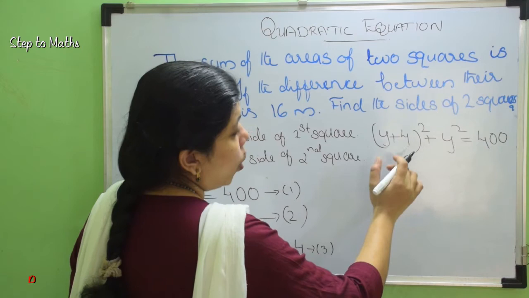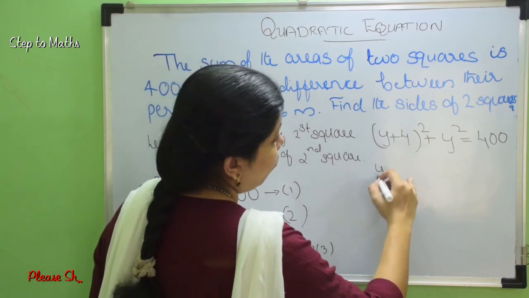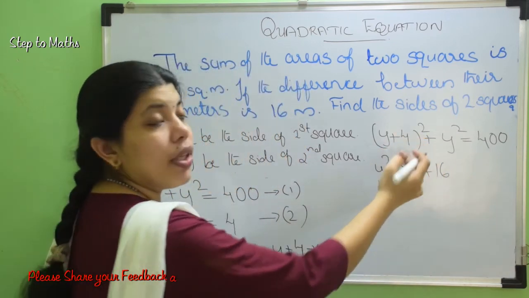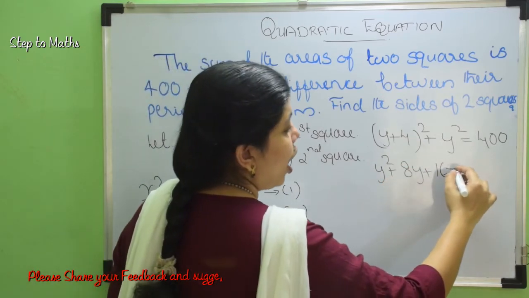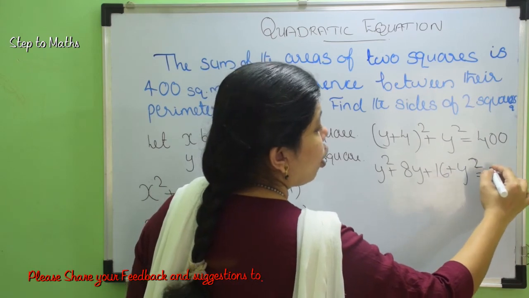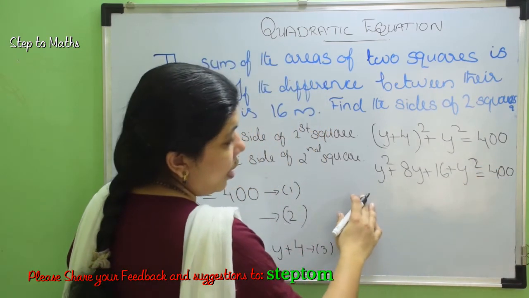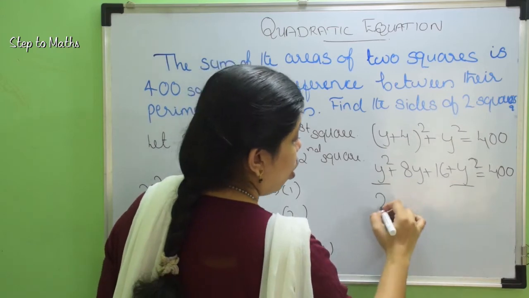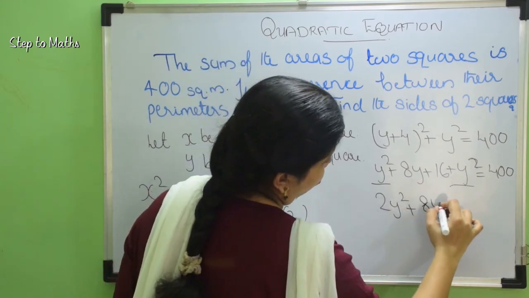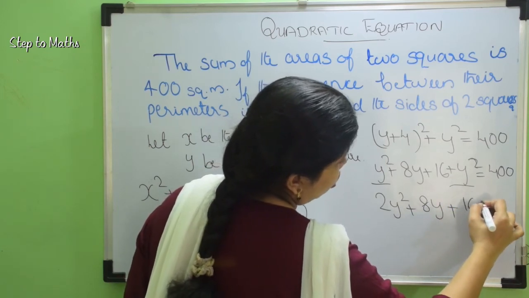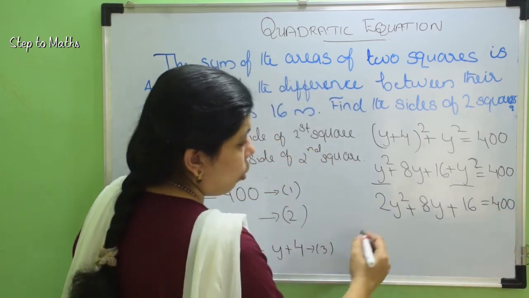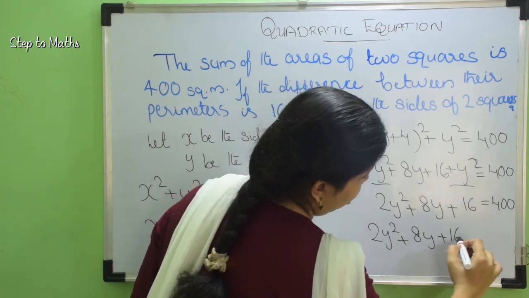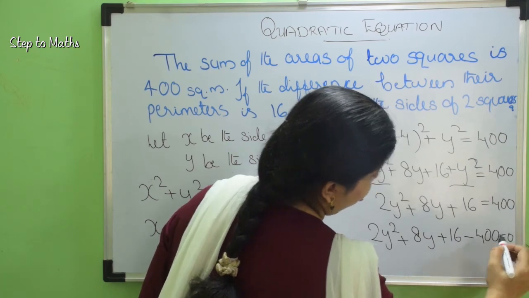First expand the term y plus 4 square. Using a plus b the whole square is a square plus 2ab plus b square, it becomes y square plus 8y plus 16. Adding y square, we get 2y square plus 8y plus 16 is equal to 400, or 2y square plus 8y plus 16 minus 400 is equal to 0.